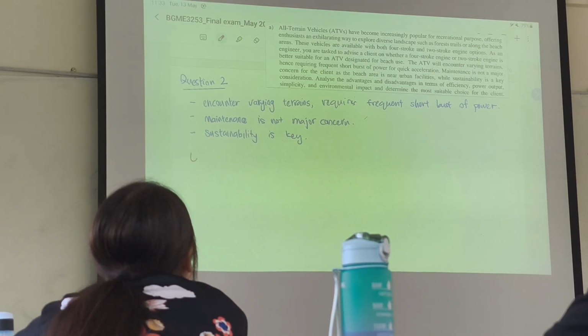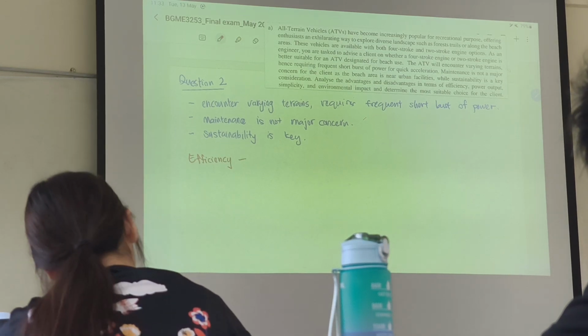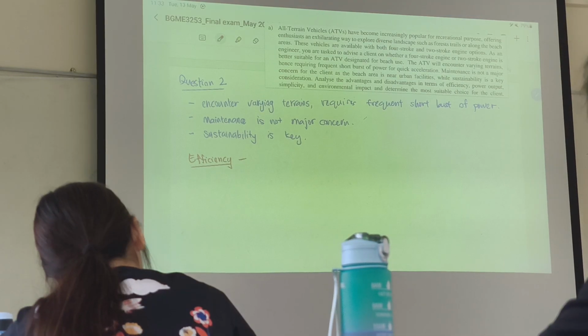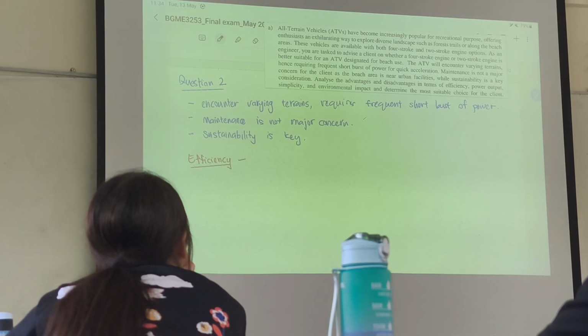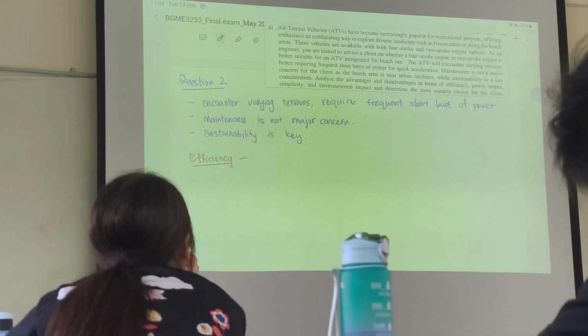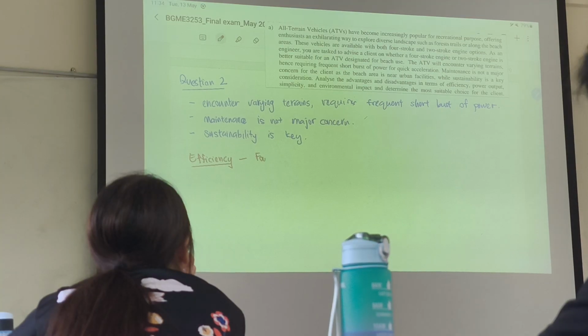So first thing, we look at efficiency. For efficiency part, of course, the better engine is actually the four-stroke engine.